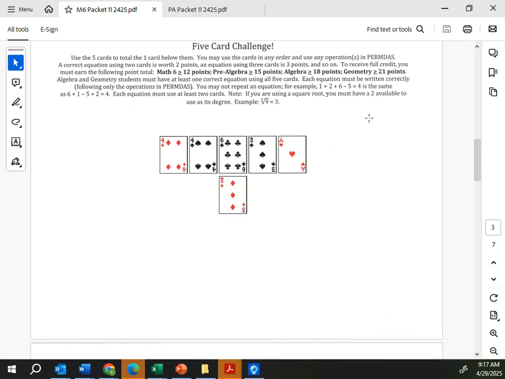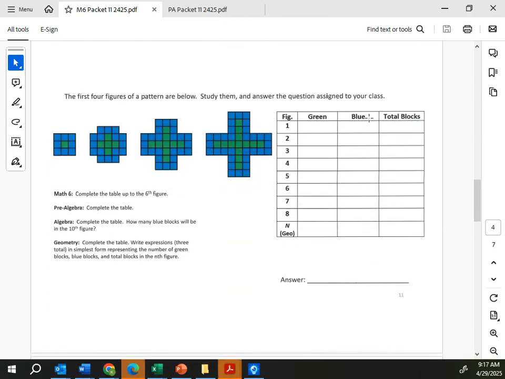Our next page is our pattern page. 6th grade, or Math 6, needs to complete the table up to the 6th figure. So we can fill in the first 4 figures by what we see. There is 1 green and 8 blue, so there are 9 total blocks in that first figure.